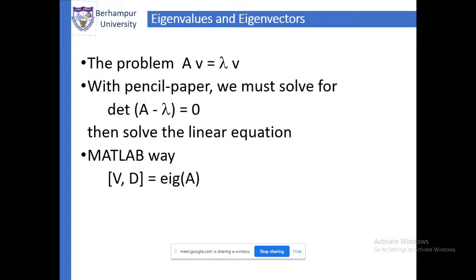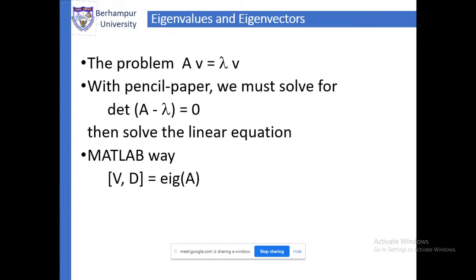Then you can proceed as usual. Now we have to find the eigenvalues and eigenvectors. You know what an eigenvalue and eigenvector are. If an operator operates on a function and the result is a number multiplied by the function, then we say that the number lambda is the eigenvalue, and the function v is the eigenvector.